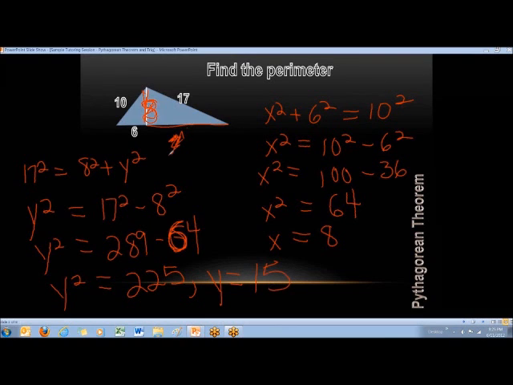So that's no longer y, that's 15. Now the question is, what's the perimeter? You just add them. 10 plus 16 plus 15 is 41... 10, 16, 15 is 31, plus 17 is 48. Good job.